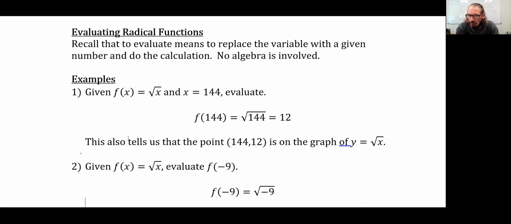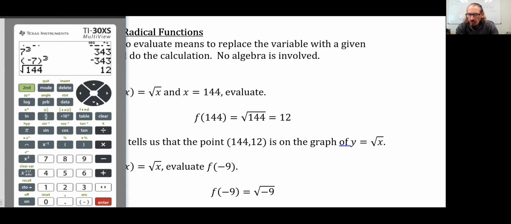If I try to evaluate that same function where x is equal to -9. This is just another way of asking this question, but this time x is equal to -9, because that's an even index, but the radicand is negative. There should be no answer.